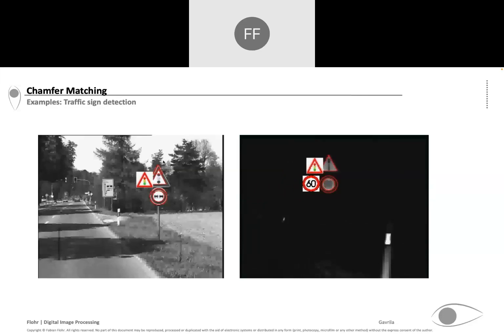And this algorithm was indeed, or is still indeed, in some of your vehicles available. Whenever you have a speed limit recognition or a traffic sign recognition in the cars 10 to 20 years back, then you have an algorithm similar to that in your vehicle.